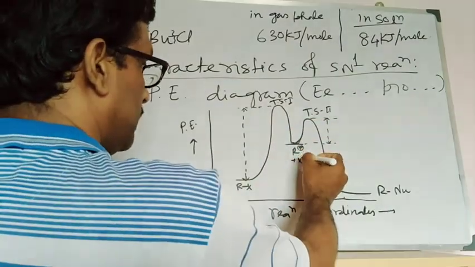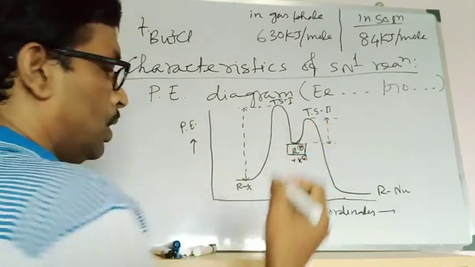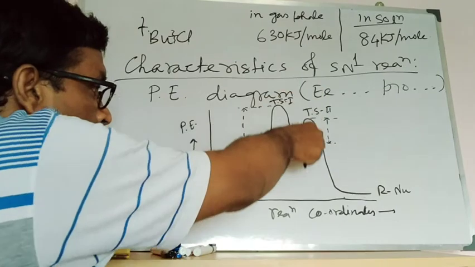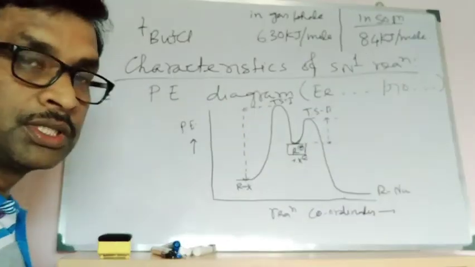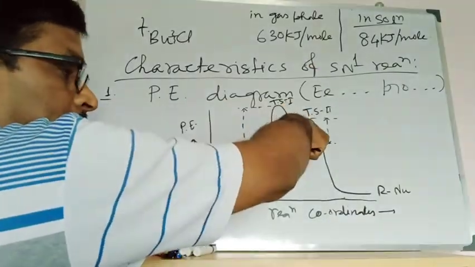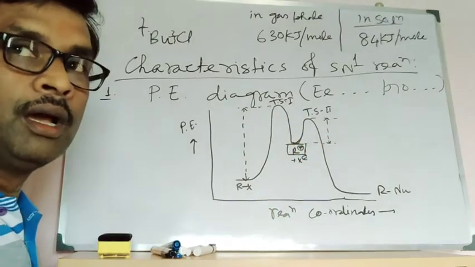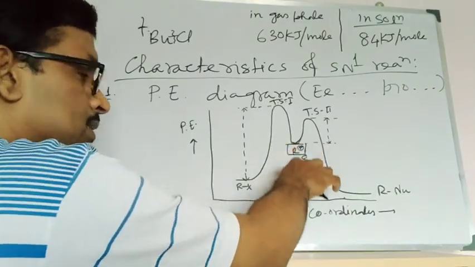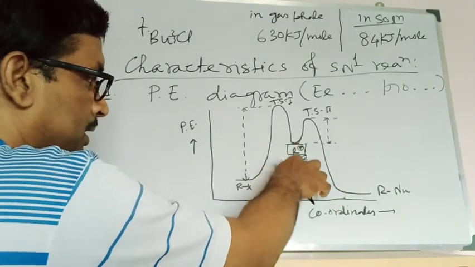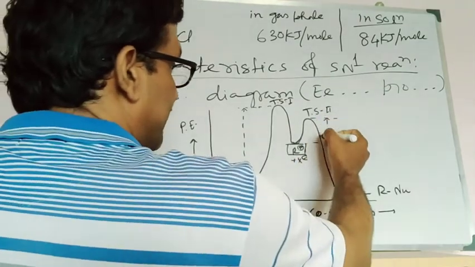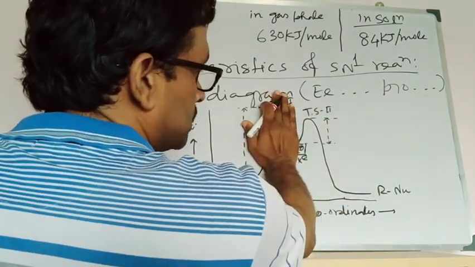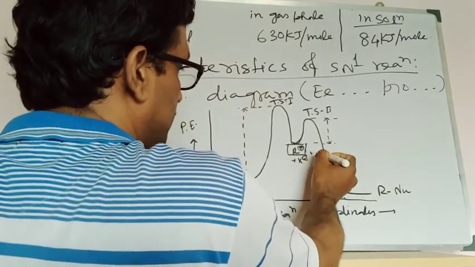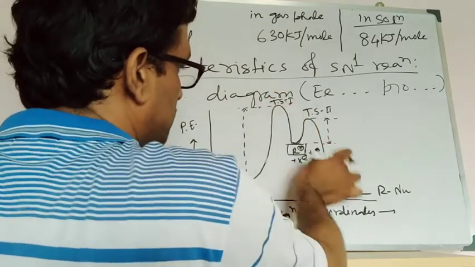Look at this, if R plus is more stable, then this energy will be lower, that means this dip will be deeper, because higher energy means lower stability, and lower energy means higher stability. In the second step, R plus and Nu minus are present here, and it will react with this and give the corresponding product.